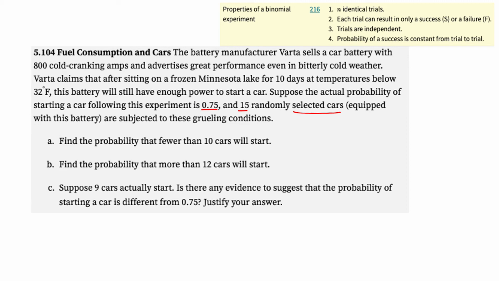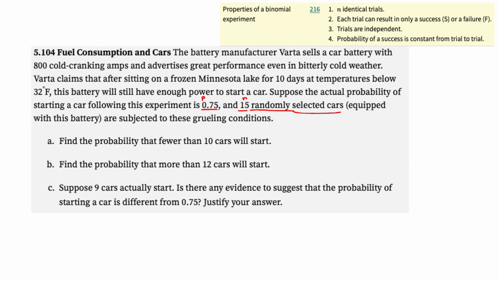So this is our p here, and this is our n. Trials are independent. These cars are randomly selected, so they shouldn't impact each other in any way. The probability of success is constant from trial to trial. We already touched on this: the probability is 0.75. Okay, and now we can apply the binomial distribution because we've met all 4 of these criteria.